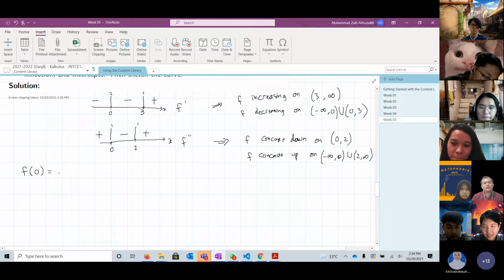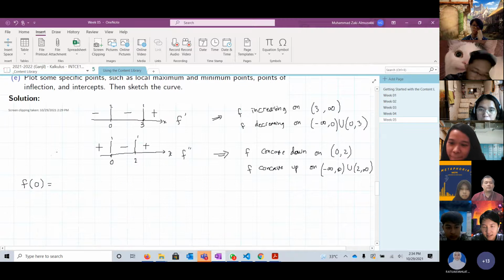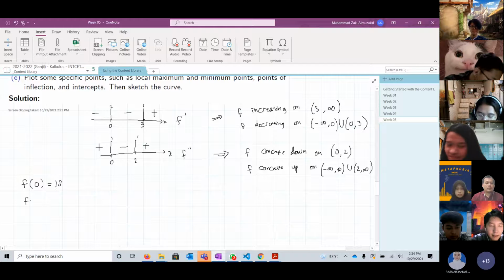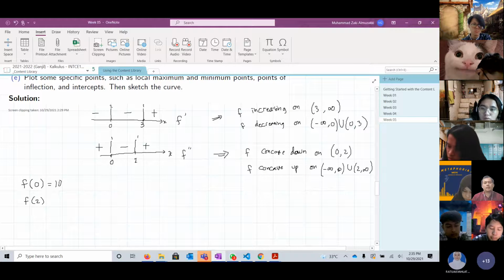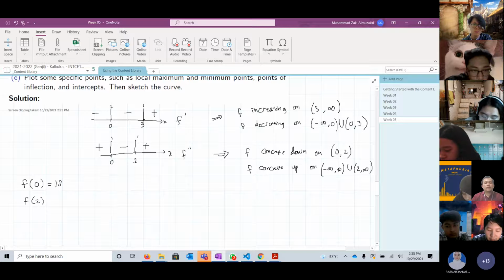F(0) is 10. And for f(2), from the second derivative, we know that f double prime of 2 is 0. So we have the point of inflection.